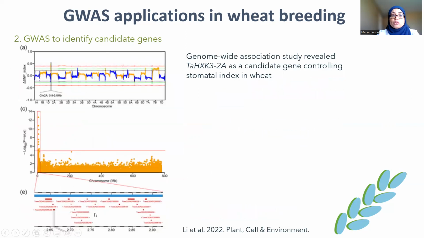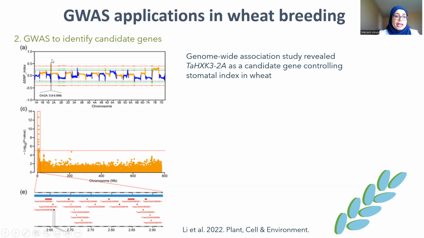Another example of how GWAS was used to identify candidate genes was described in this study, where the gene TaHXK3 on chromosome 2A was identified as a candidate gene controlling stomatal index in wheat, which is associated with response to drought.